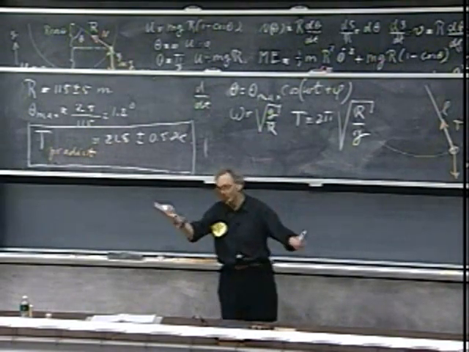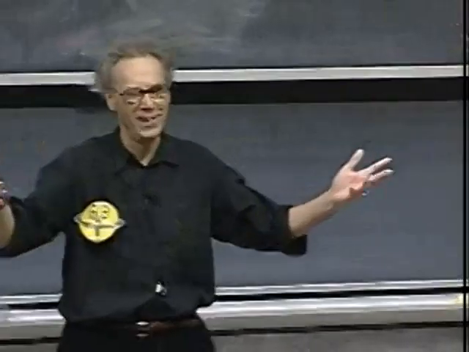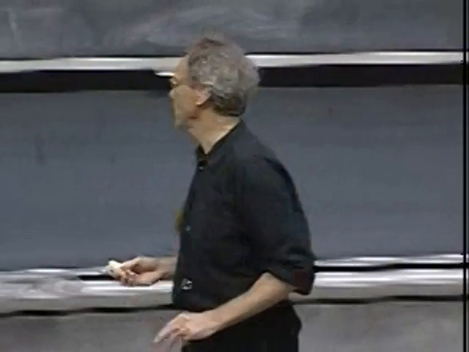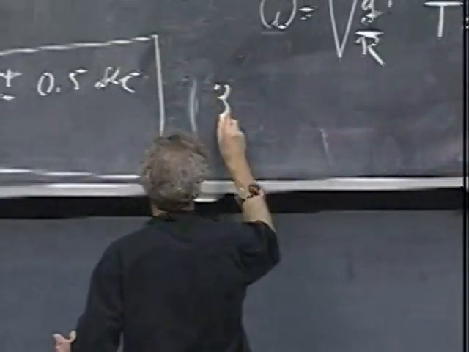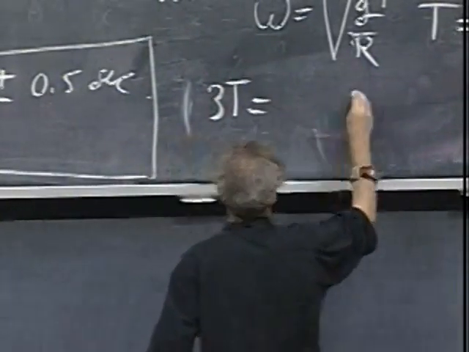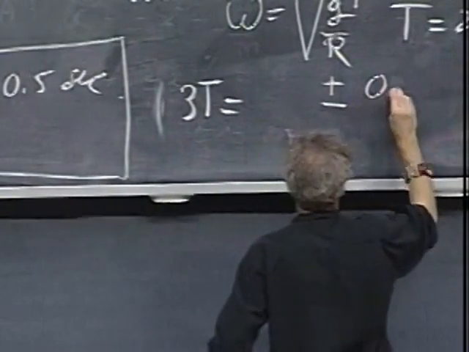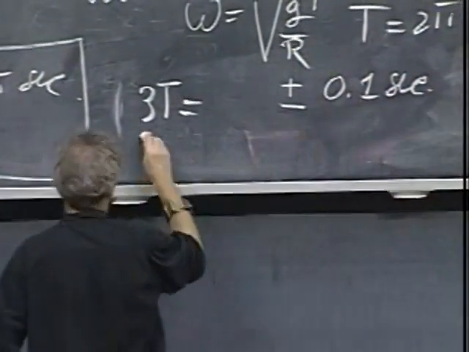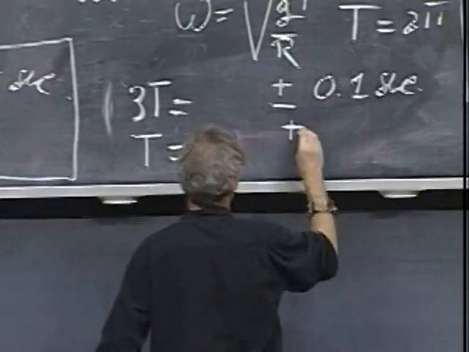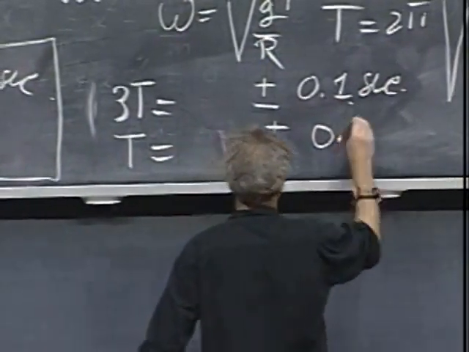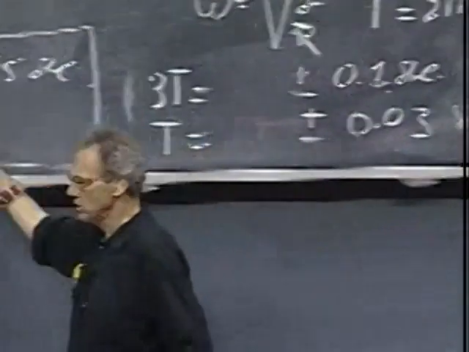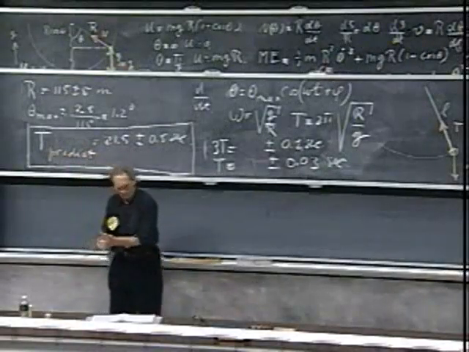It's so much fun to see that object go back and forth in 21 seconds that, for your pleasure and for my own pleasure, I will go 3 oscillations. Not that it is necessary, but I will do it. 3T is going to be something plus or minus, and this is my reaction time, which is 0.1 second. And then we can all divide that by 3, and then, of course, the error will go down by a factor of 3. And we will see whether this number agrees with this one.